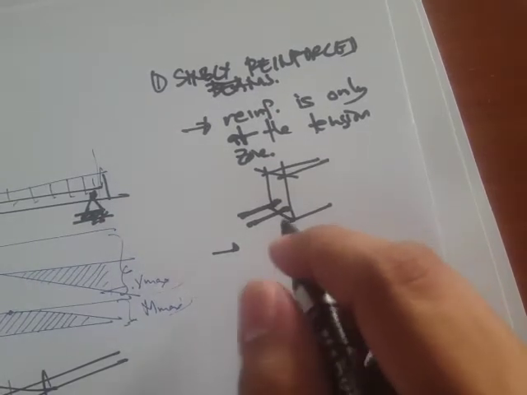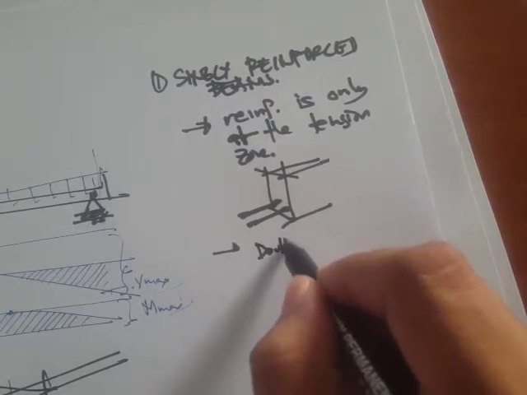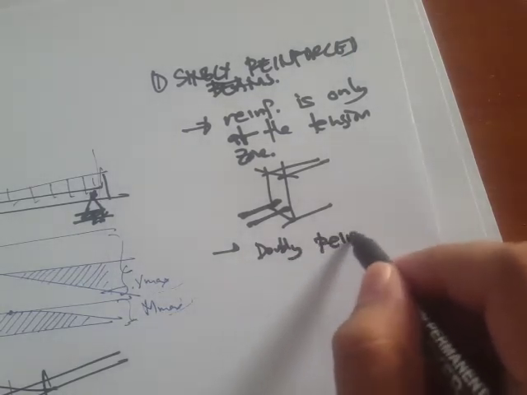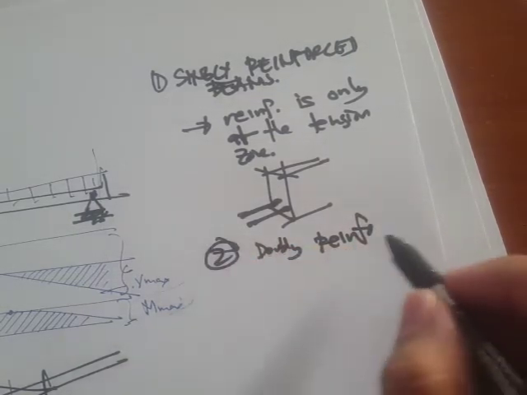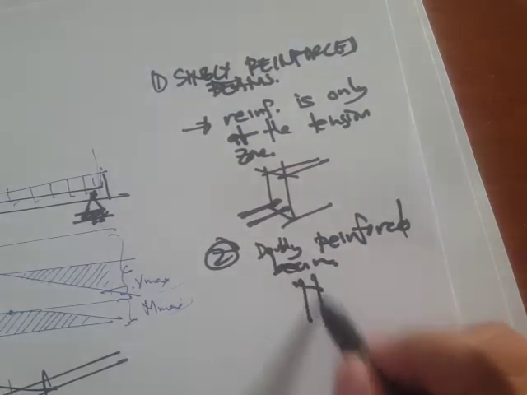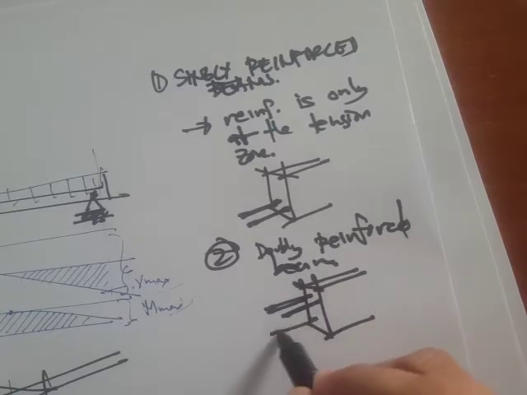Another type of beam is what we call the doubly reinforced beams. Let's write number two. This means that the compression zone also has reinforcement.